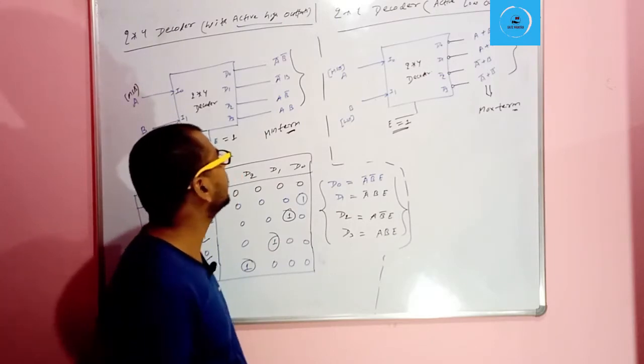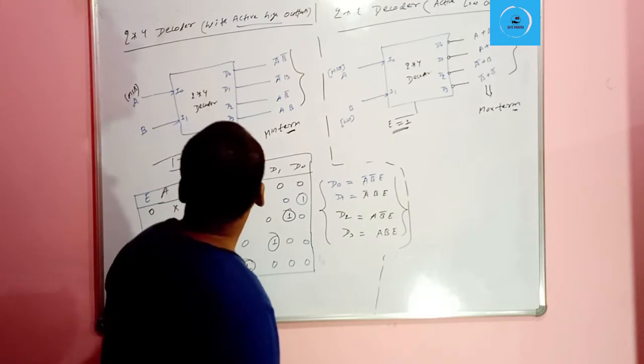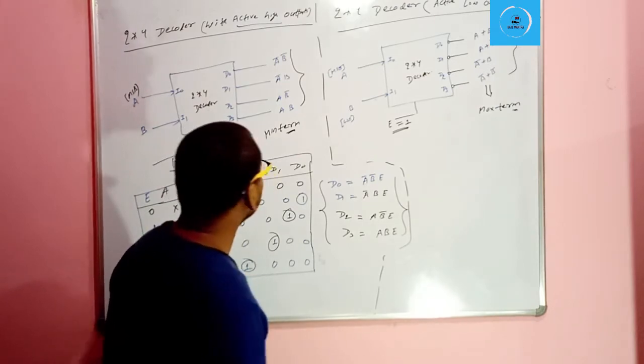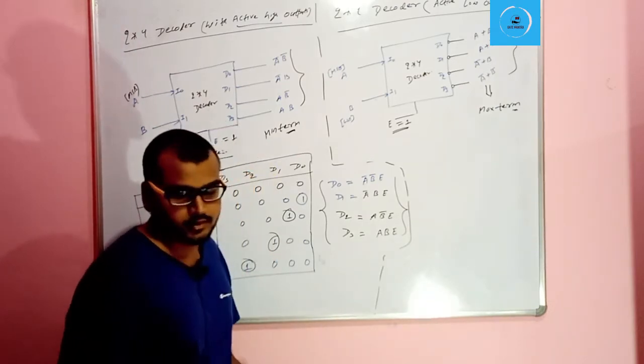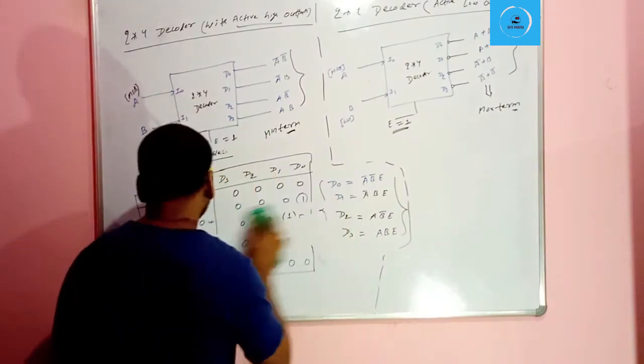After that we are going to see how we can construct the higher order decoder using the lower order decoder. So first let me erase this.